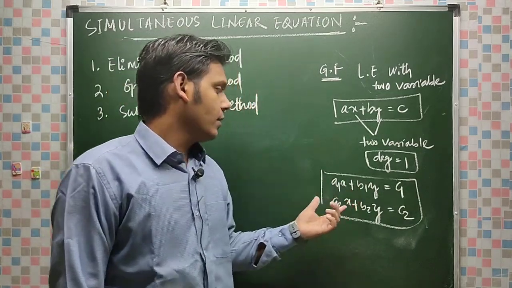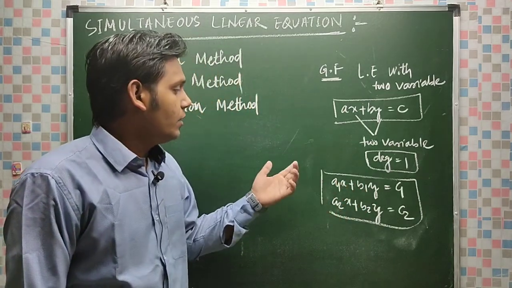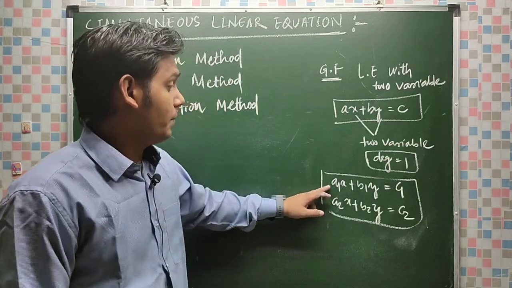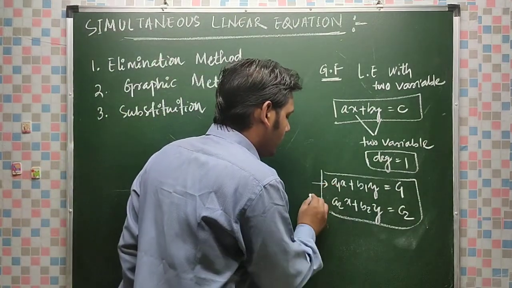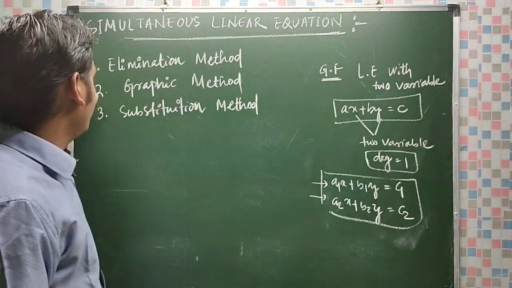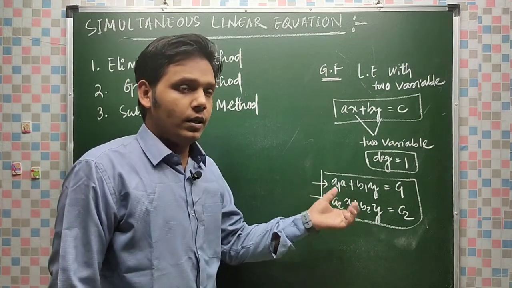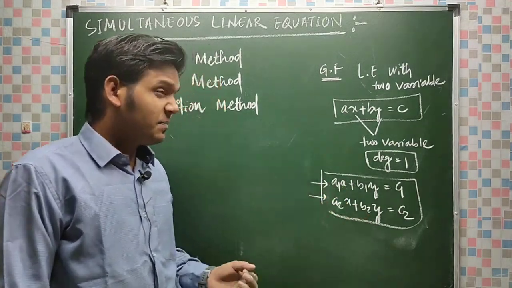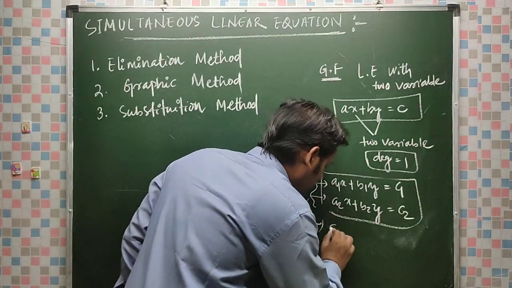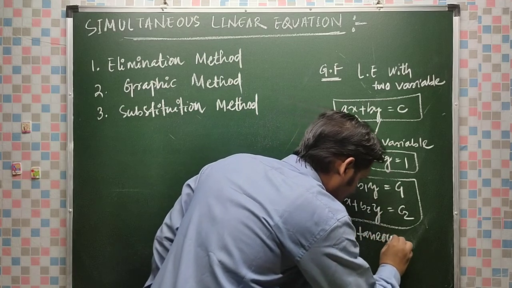So we must have two equations with two variables. This is one linear equation with two variables, this is another. The elimination, graphic and substitution methods will deal with how to solve this simultaneous linear equation. This pair of linear equation is called simultaneous linear equation.